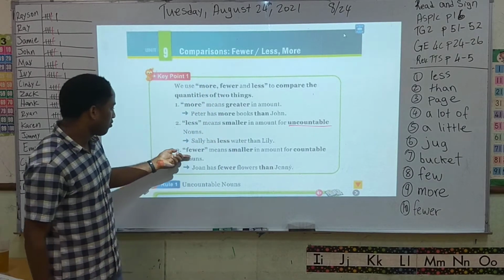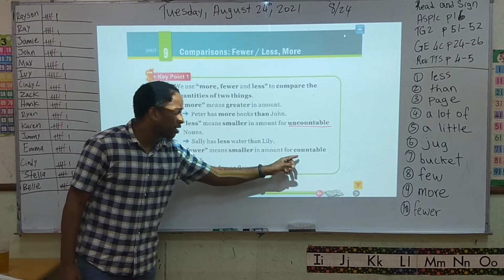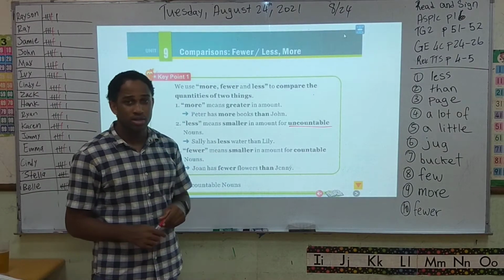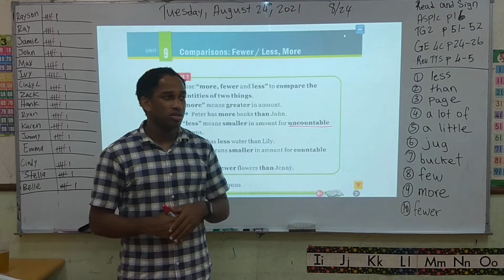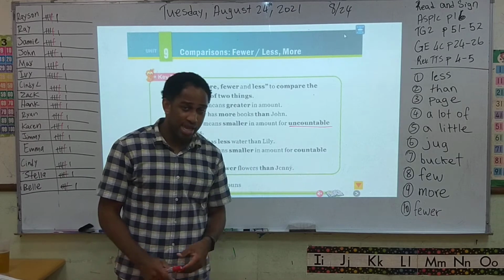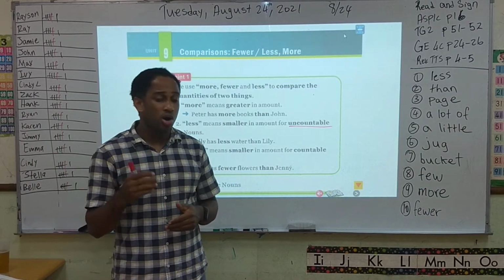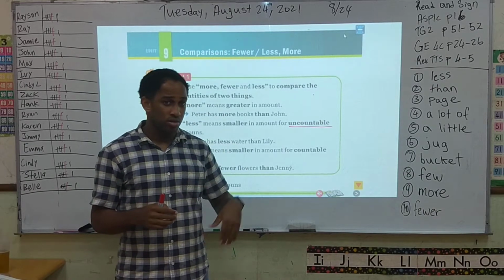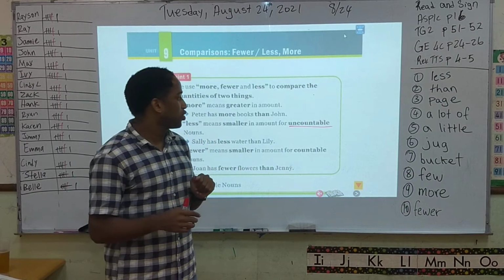And let's go to number 3. Fewer means smaller in amount for countable nouns. So fewer boys, fewer apples, fewer cars, fewer desks, fewer girls. For countable nouns we use fewer.